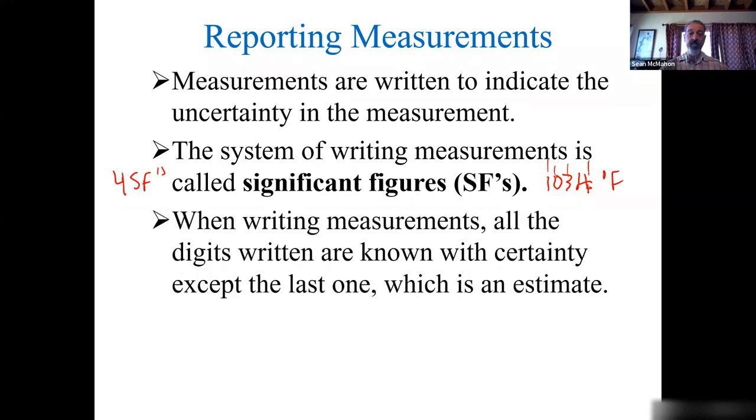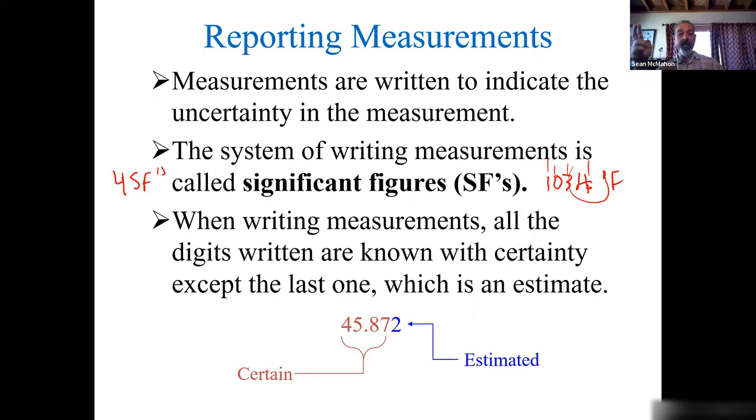So when we're writing our measurements, all the digits need to be written with certainty. And then the last one is typically your estimate. So if this was a measurement, right, the ones in red are for certain. And that last digit is where that estimate took place, just like I did here. And that would be the doubtful digit.